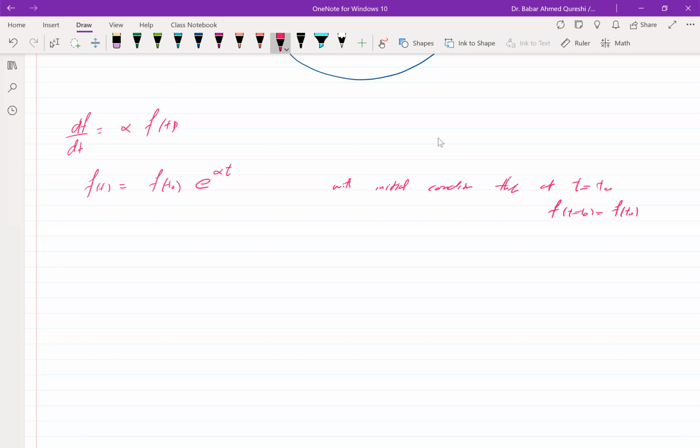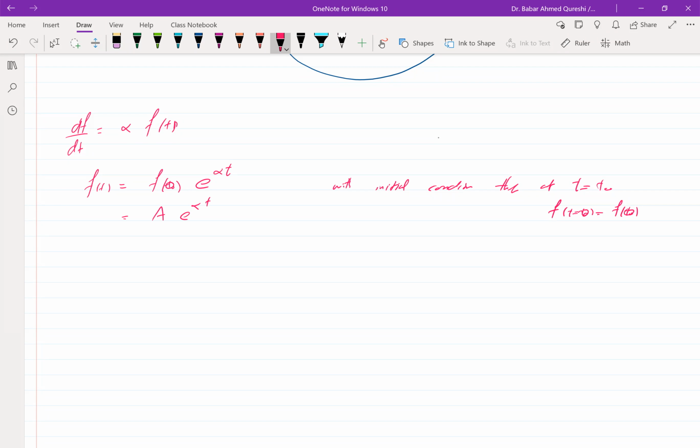Well, not really. I can say f of 0 over here. If t is 0, then this is f of 0. In general, I'll have some a alpha t, and I can find this a by giving some initial value over here.